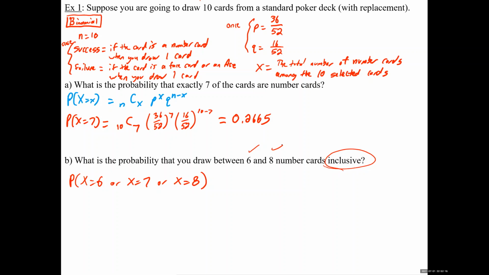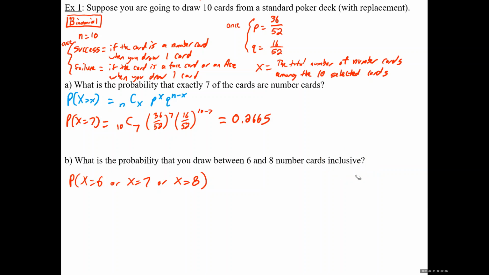But if 6 and 8 are possible, then it's 6 or 7 or 8. So if you say inclusive, that means include these as being possible. So they're going to be possible results. If they ever write exclusive, then you're not going to use 6, you're not going to use 8, you just use whatever's in between. Okay, so between has two different meanings in English, so inclusive makes it more clear.